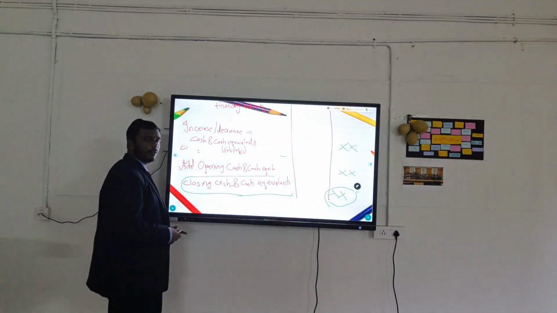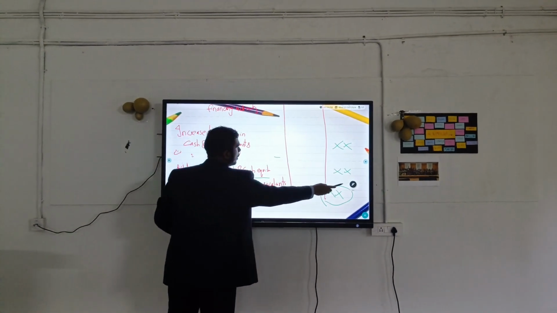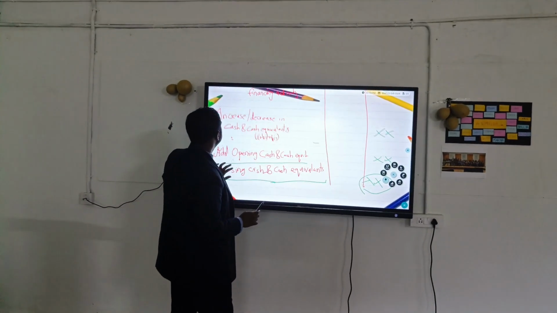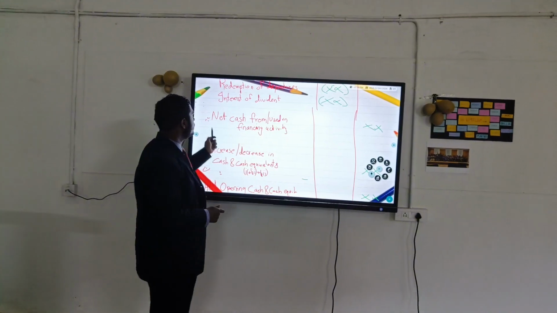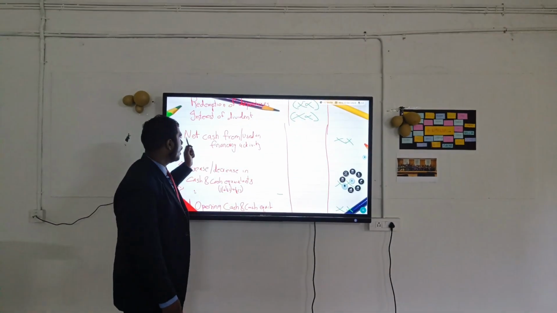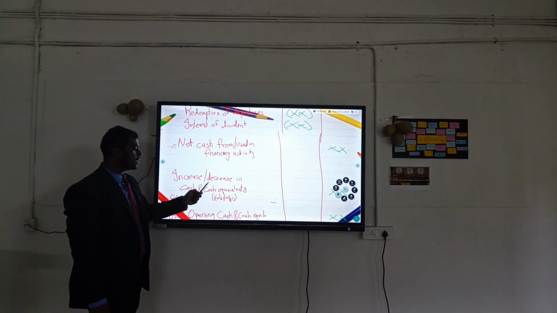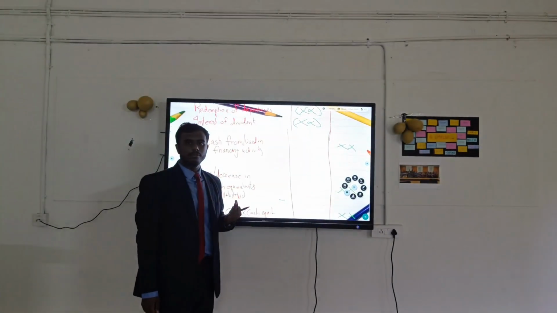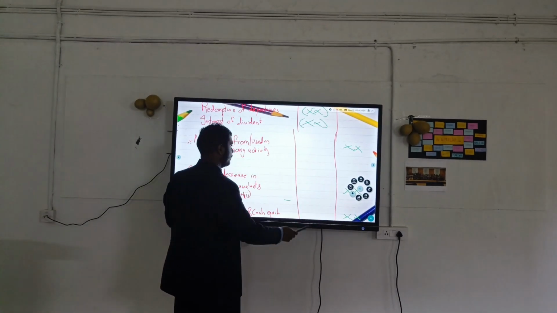I will explain that once again. After getting the net cash flow from or used in financing activity, you should add the increase or decrease in cash and cash equivalents. You should add all the items, which are the operating activity, investing activity, and financing activity, and you should denote the amount in the outer column.